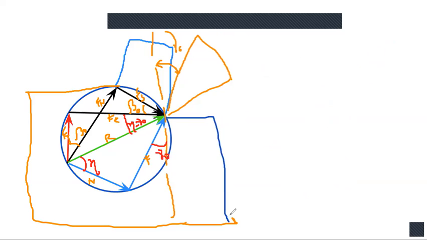Gamma in this numerical is 0. This is our XYZ axis, this and this. Gamma is 0.